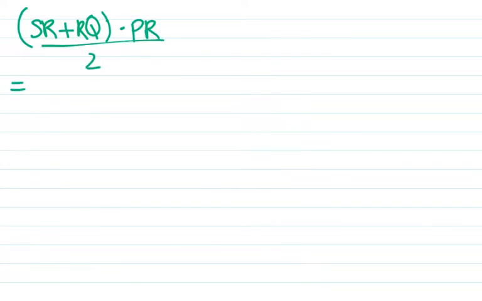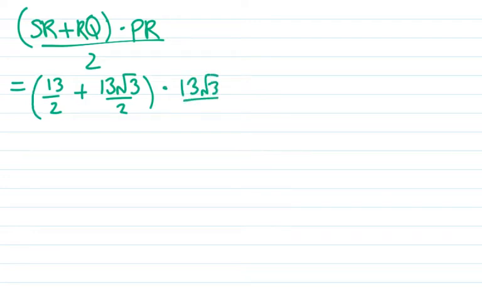So, SR plus RQ times PR divided by 2. SR we said was 13 over 2 plus RQ was 13 root 3 over 2. And then that's multiplied by PR, which is 13 root 3 over 2. And that's all divided by 2.